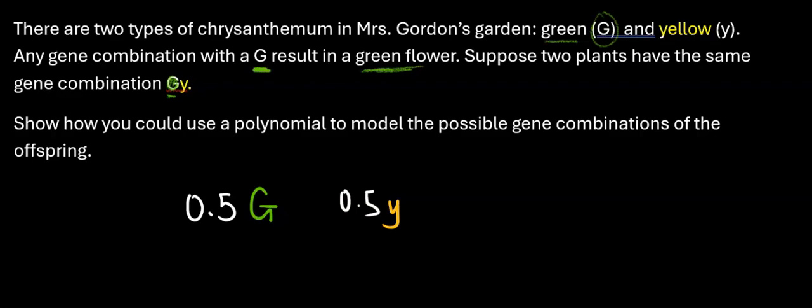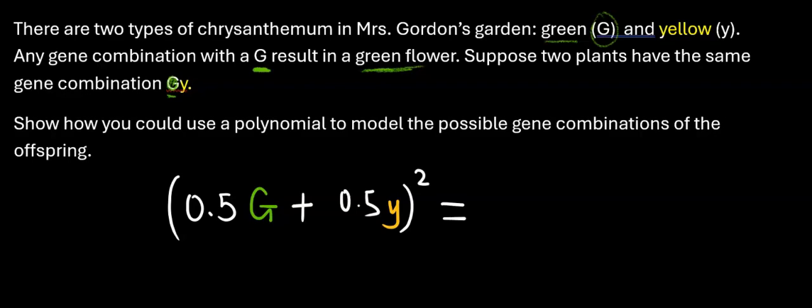Now, if we use a polynomial, the possible genes of the offspring are modeled by this. We're going to add the parent, open, close, and use a square. We're going to have a new form come out.